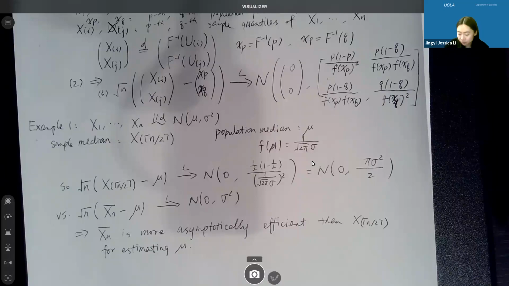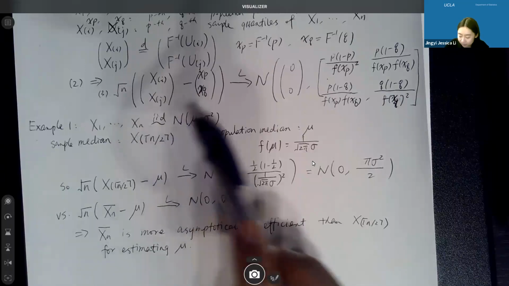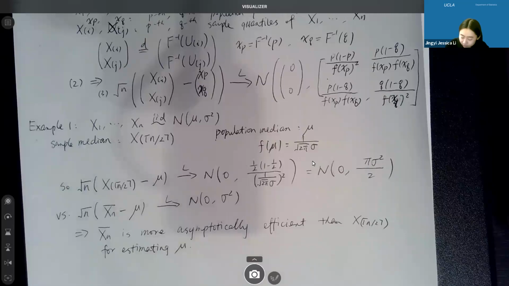But the sample median has some other advantages because it's very robust to outliers. By outliers, in our case, it means that your sample may not be purely from the normal distribution. Instead, you may have some other data points that just got mixed in. So in that case, the sample median would be less affected by the existence of outliers.